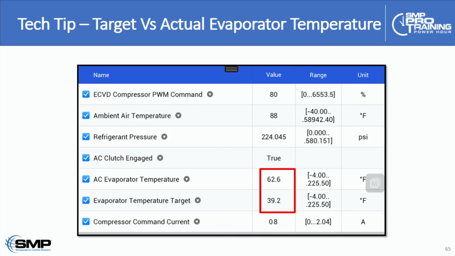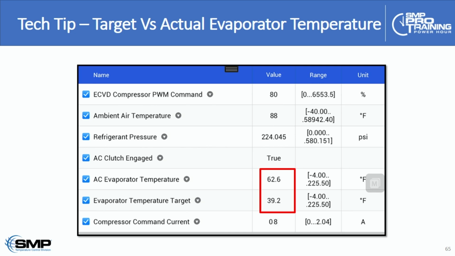So again, going back to our previous tip, looking at target temperature versus actual evaporator temperature can give you quick diagnostic direction. You can see here that the evaporator actual temperature is 62 degrees, but the target temperature is 39 degrees. In other words, the computer wants the evaporator temperature at 39 degrees, but the actual temperature is 62.